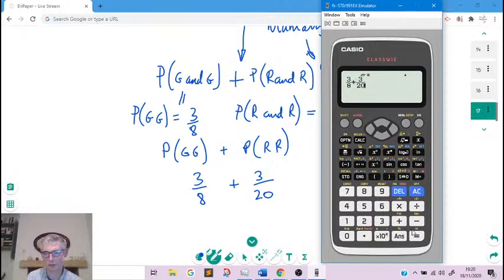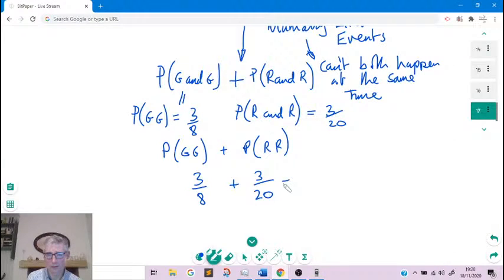The nice thing about using the fraction buttons is that it should simplify to its simplest form. So we get 21 over 40. That's our probability of getting either two reds or two greens, in other words, the probability that they're both the same colour.